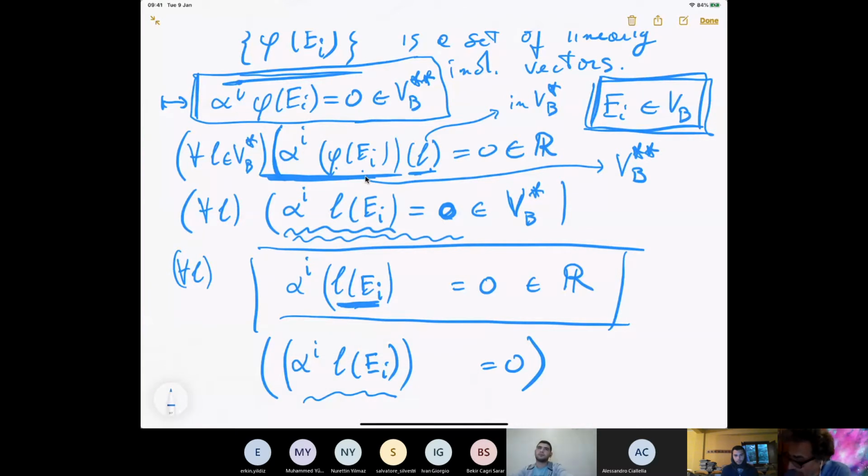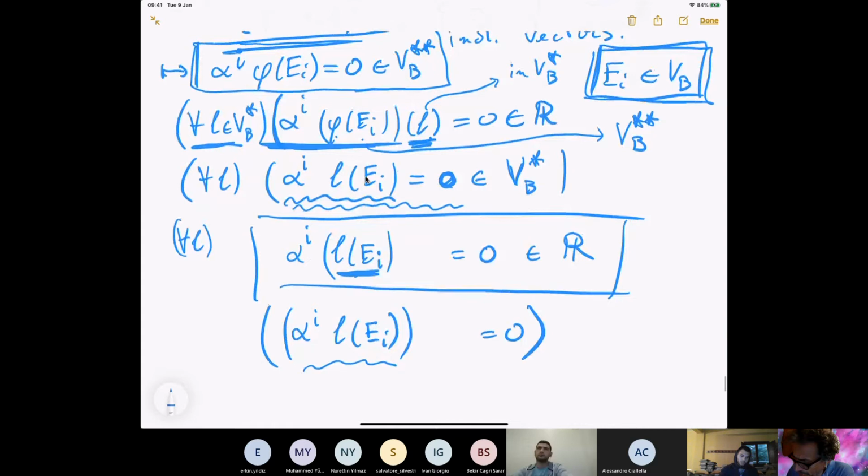So this is an element in V star star B. I apply it to every element in V star B. So for every element in V star B, this is equal to 0, and this is the real number. Now I think that I'm writing the right formula. You must be very careful in these things, but I will teach you a mnemonic rule for always writing the correct formula at the end of this reasoning.